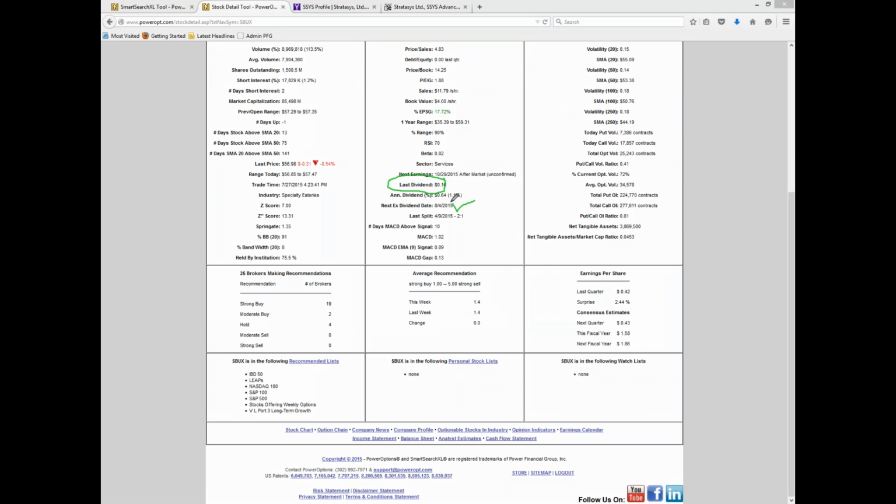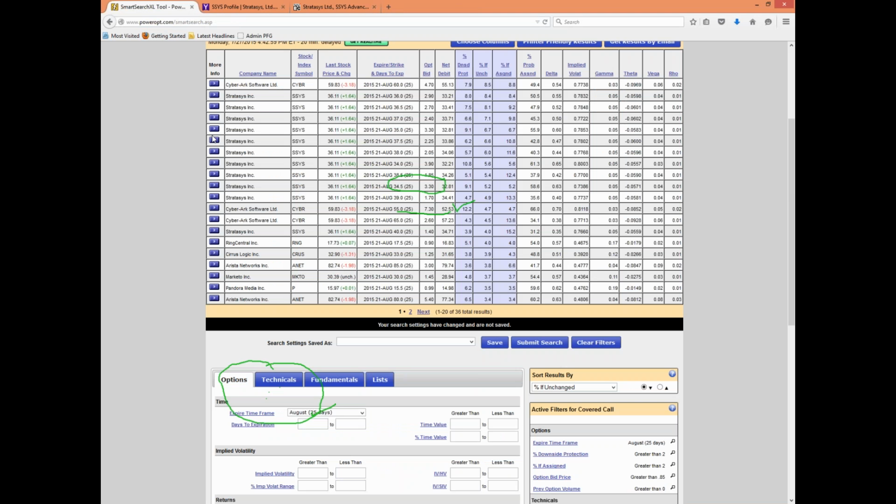So that's the information that we have here on Starbucks. It does show you the next ex-dividend date going forward, when their next plan is. But we see here that Starbucks is in the IBD 50, the NASDAQ 100, the S&P 100, the S&P 500, and the Value Line long-term growth list as well. So that just gives us some confidence that those other company lists that are created also like the stock that we're researching. Okay, let's go back to our search screen here.